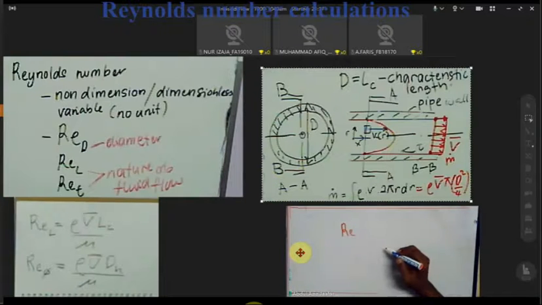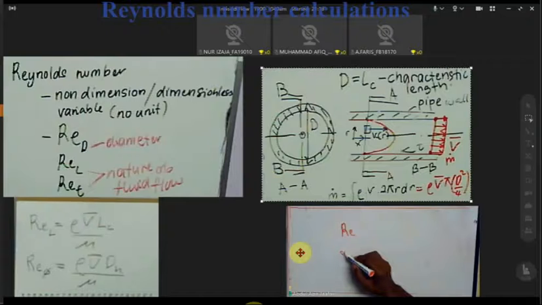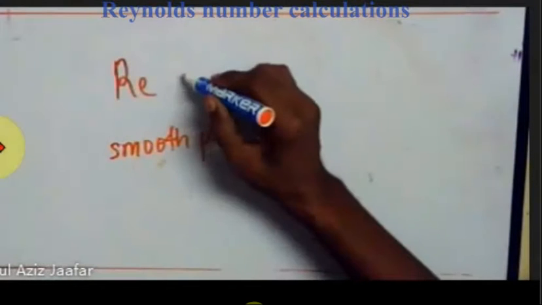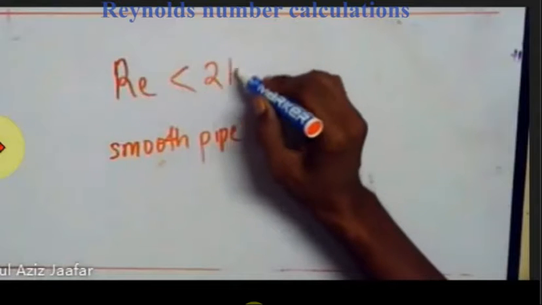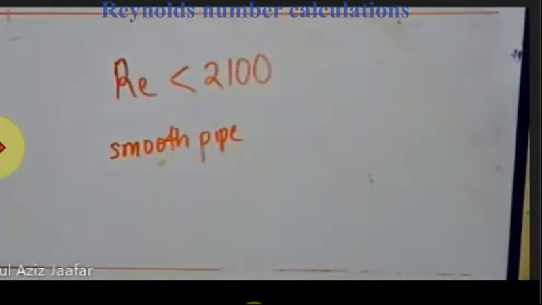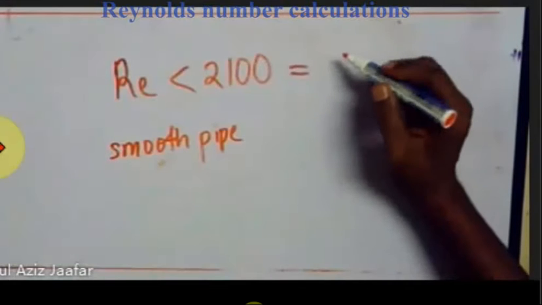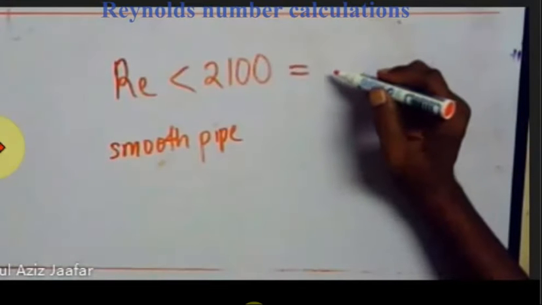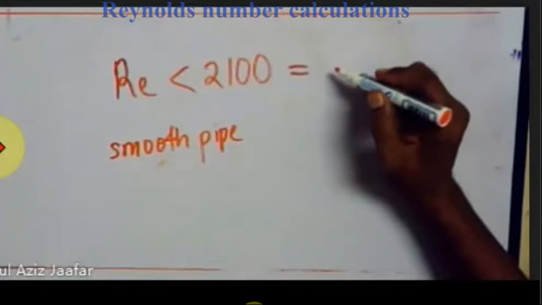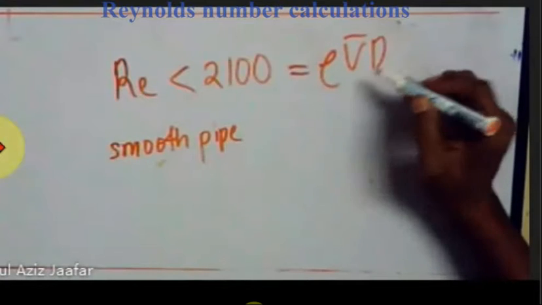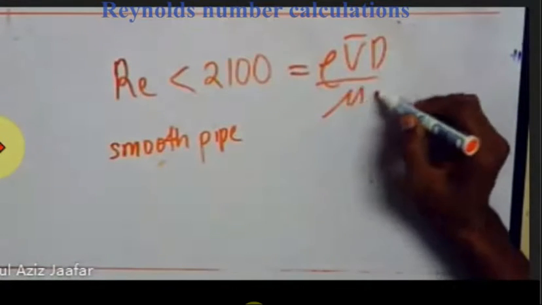When the pipe is smooth, the Reynolds number should be less than 2100. Let's say you want to know the maximum average velocity in the pipe at which the flow is laminar. So, rho V D divided by mu.